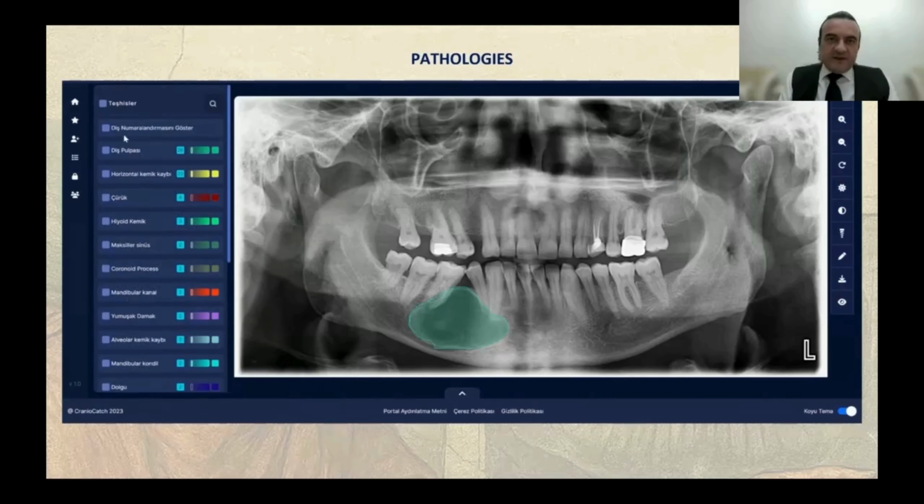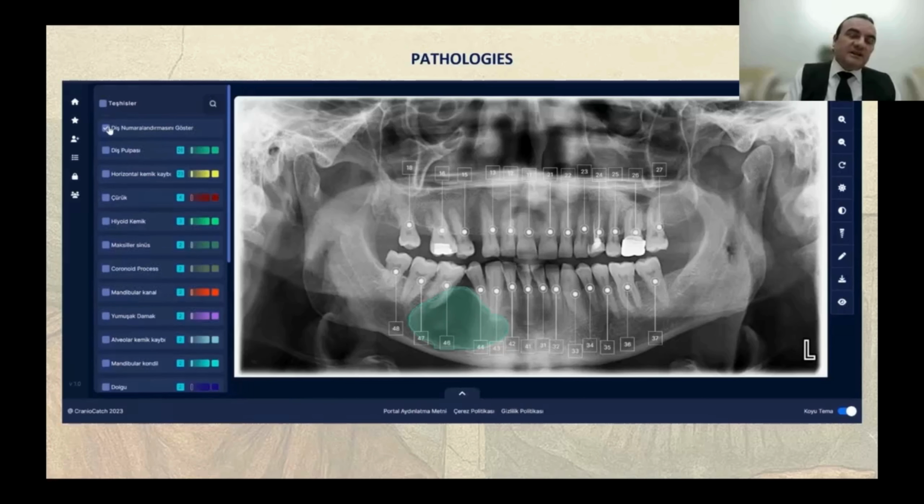Of course, there are huge pathologies we are dealing with nowadays. As I already mentioned, it can be odontogenic keratosis or different kinds of cystic lesions or ameloblastoma. Now the algorithms can detect and segment these pathologies and give the dental professional better understanding and decision support.